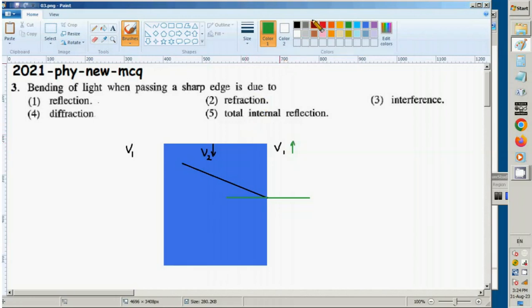Say this one is 1.5 index. If the velocity is smaller, the index is higher, 1.5.